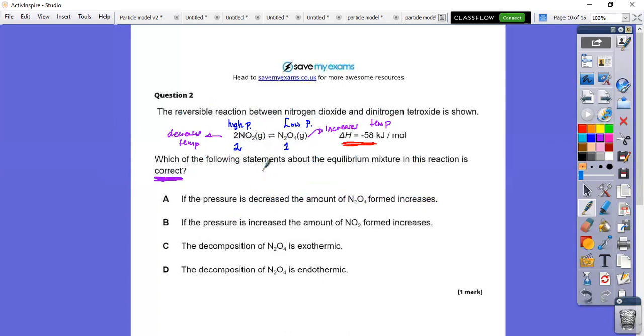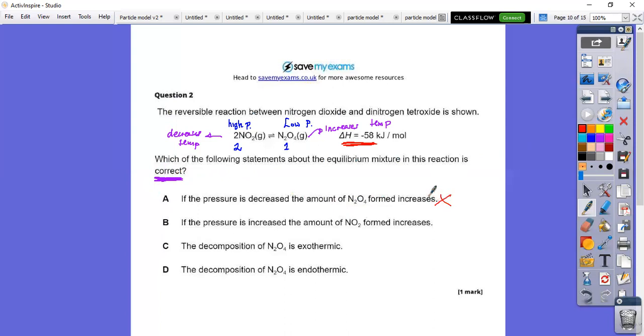If I decrease the pressure, would the amount of dinitrogen tetroxide increase? You're correct, it's going to want to go to the other side, because this is where the high pressure is. So this is wrong. The question is saying which statement is correct, so this statement cannot be correct.